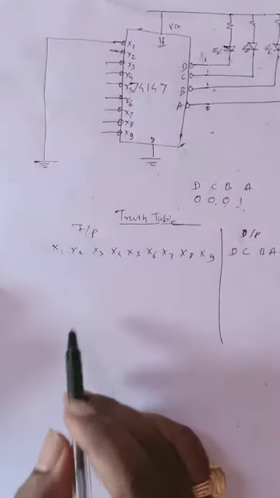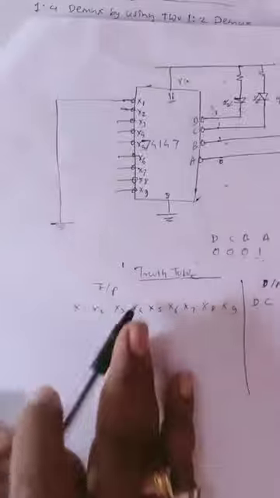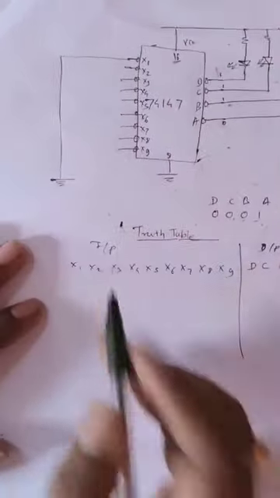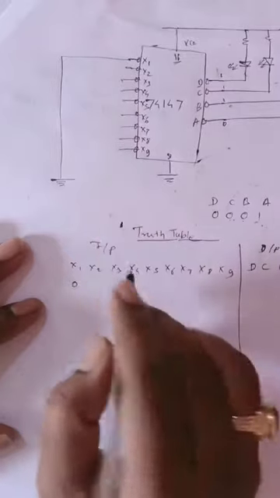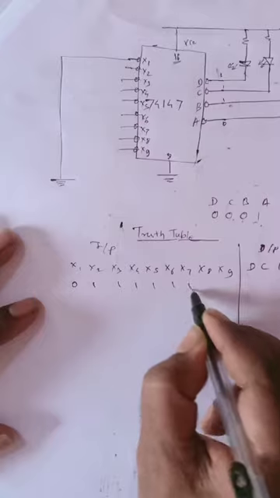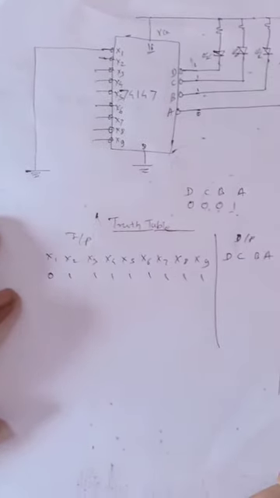Now you have to apply the input, meaning you connect the input to ground, so you apply 0 and the remaining are high, 1, 1, 1. You apply nothing, which is considered as high.